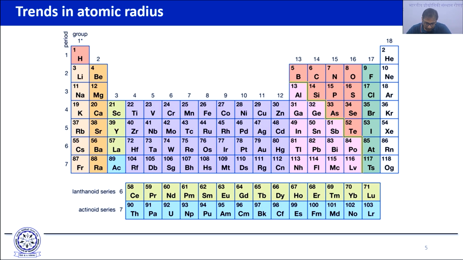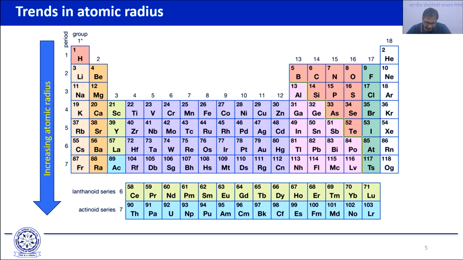Similarly, you can also find the trends in atomic radius if you look at the periodic table. As you are going down the different periods, the atomic radius is going to increase because you are successively adding more and more shells of electrons.